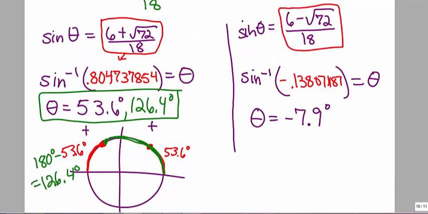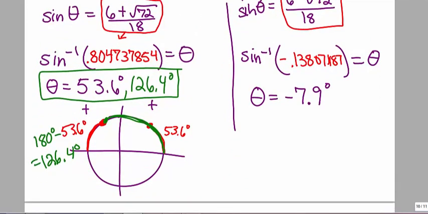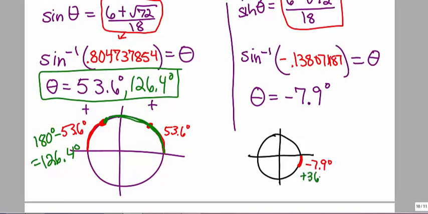Now keep in mind that we don't want a negative angle. We're asked to find solutions from 0 to 360. So we don't want a negative solution. So let's look at our unit circle here. If our calculator gives us negative 7.9 degrees and we want a positive coterminal angle to that, so we want that angle in quadrant 4, but we want to think of it as a positive angle, well, we're going to add 360 degrees to that angle.